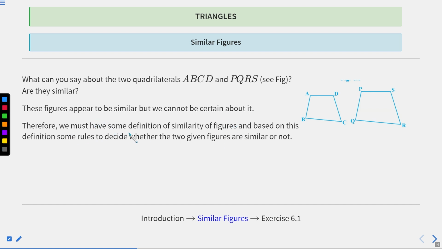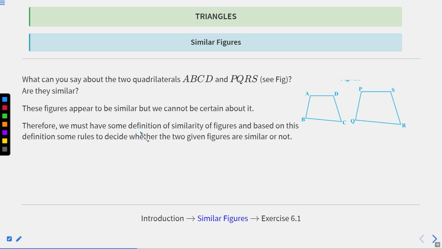Therefore, we must have some definition of similarity of figures, and based on this definition, some rules to decide whether two given figures are similar or not.